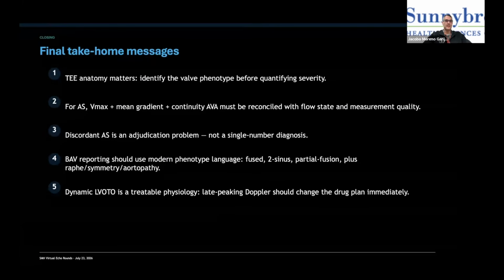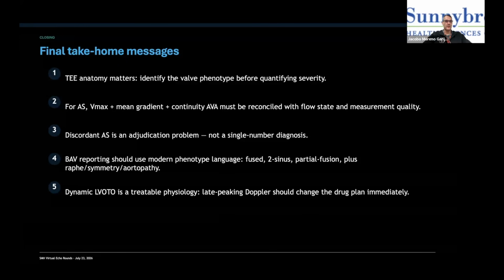My final take-home message is that anatomy matters. When you go for the valve, identify the phenotype before quantifying, so you can get a better idea of why this valve is stenotic. For aortic stenosis, the continuity equation is key, but remember that Vmax and mean gradients are always flow dependent. When you have cases of discordant AS, you need to watch your flow status and your ejection fraction too.